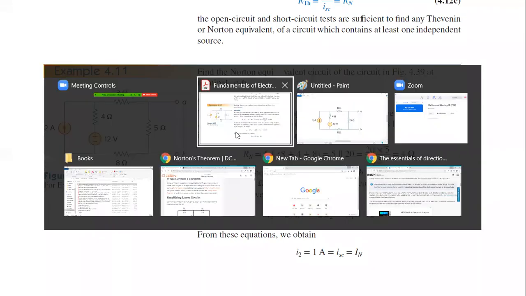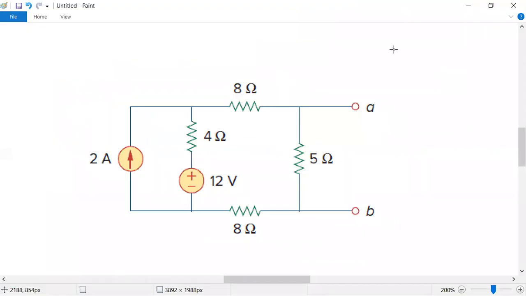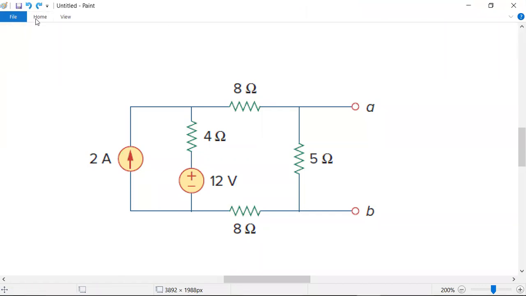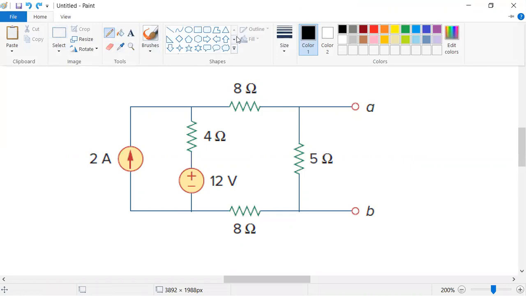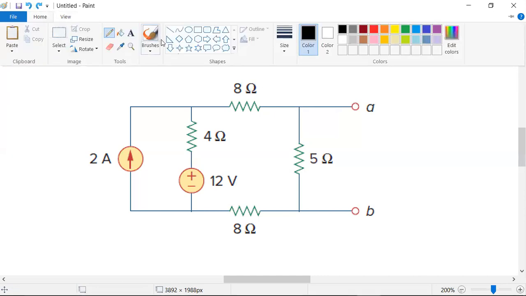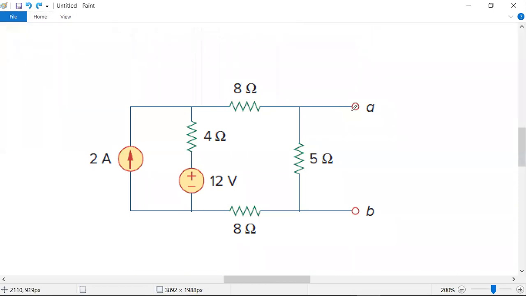So how to find Rn? For finding Rn, wait. So now I'm finding Rn.